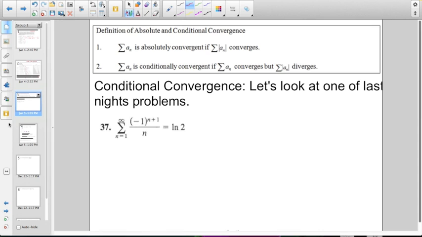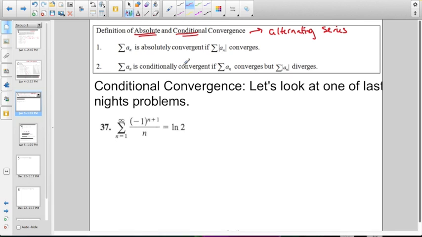So when we talk about this idea of convergence, particular to alternating series, so this is definitely focusing on alternating series here, we have this situation of either being absolute or conditionally convergent.